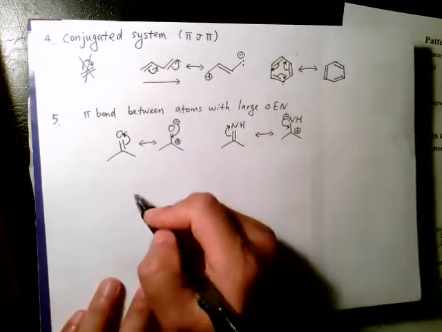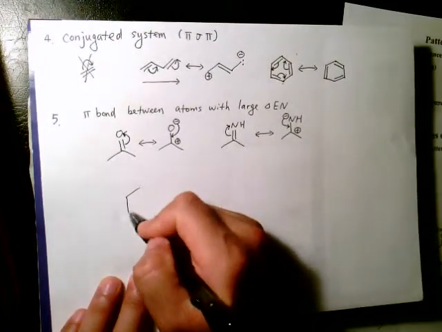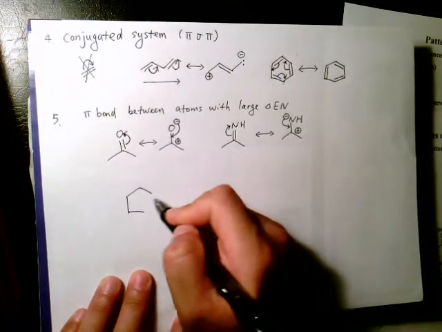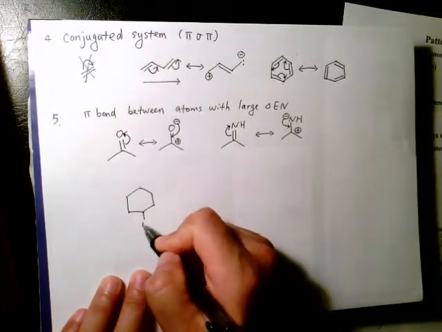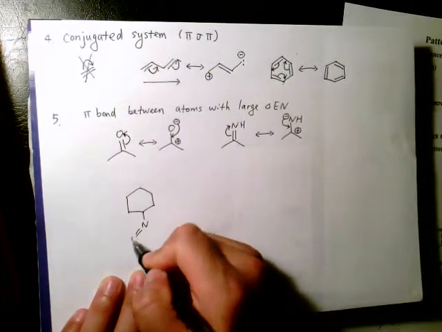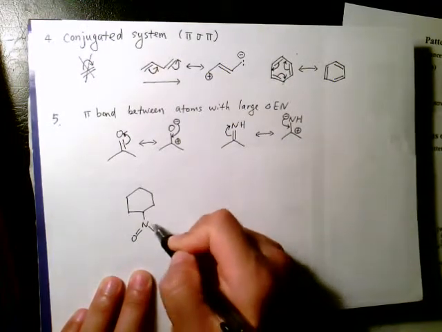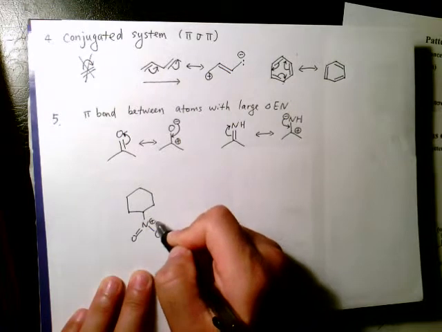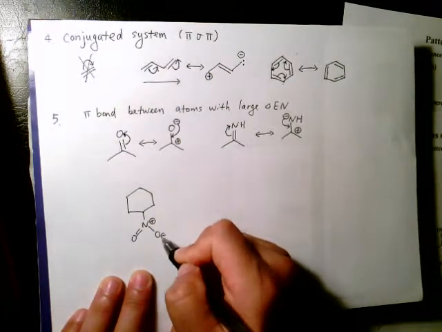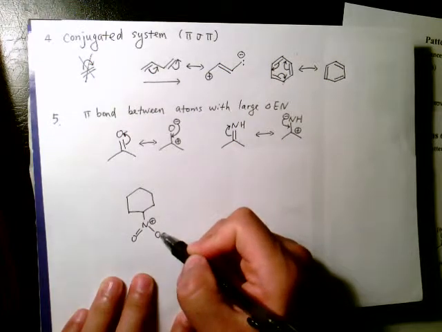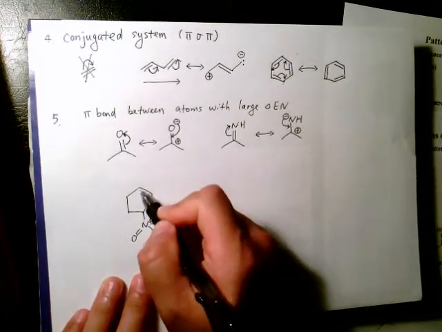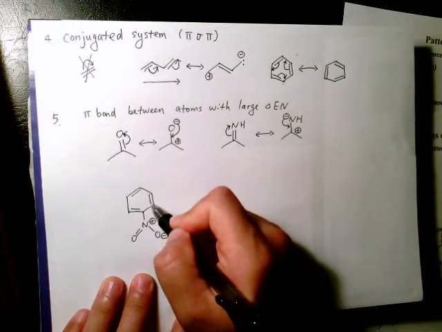So let me use one example. Let's see, we are trying to explain why a nitro group, which is here, so this nitrogen will have a positive charge, and this oxygen will have a negative charge. This is NO2, or nitro as a functional group, and this ring is a benzene ring.